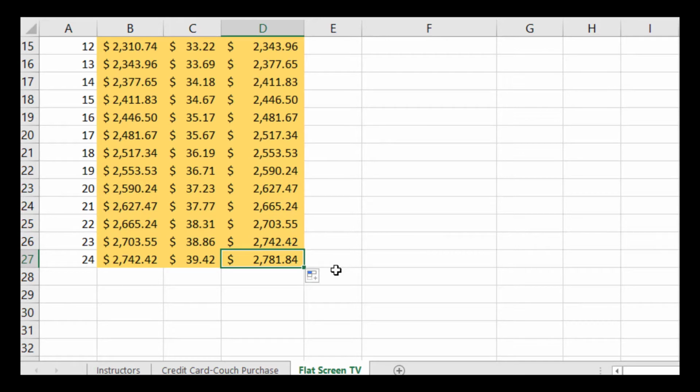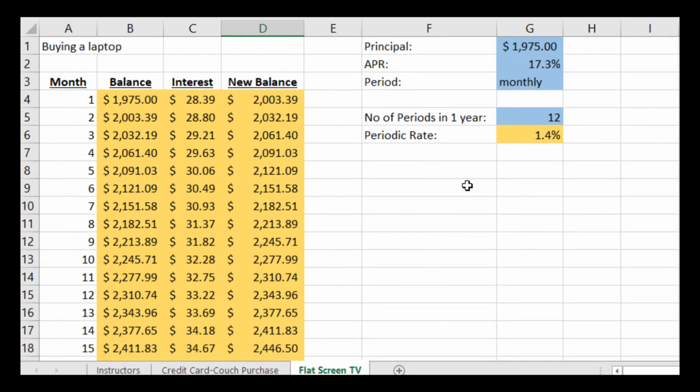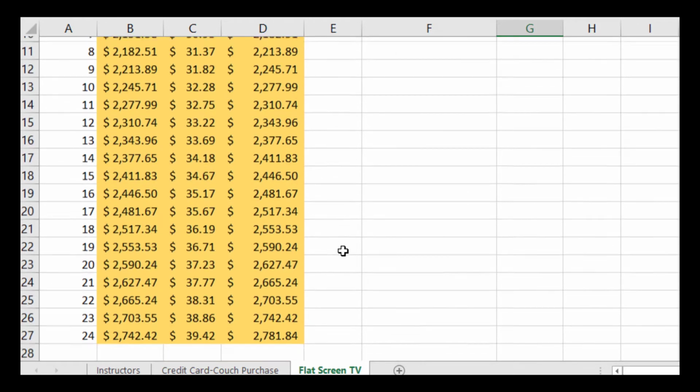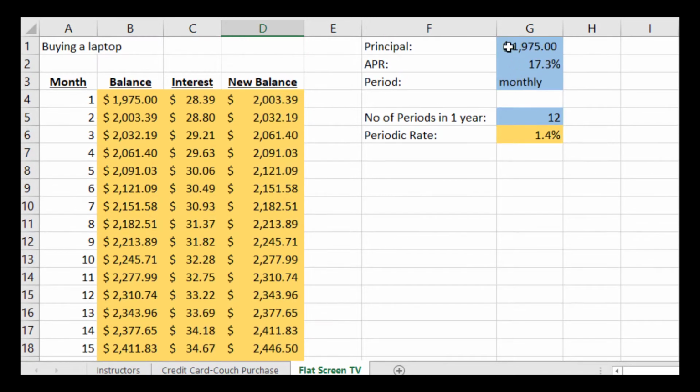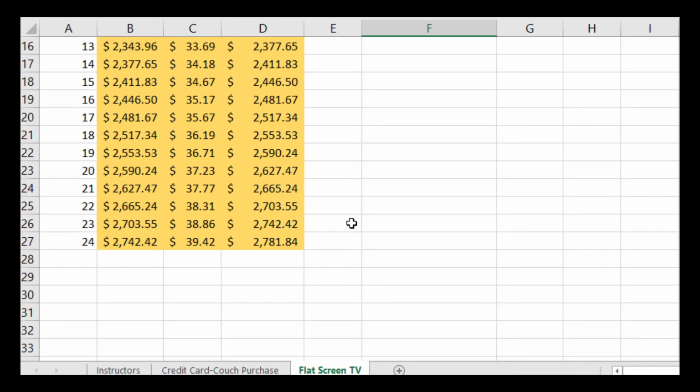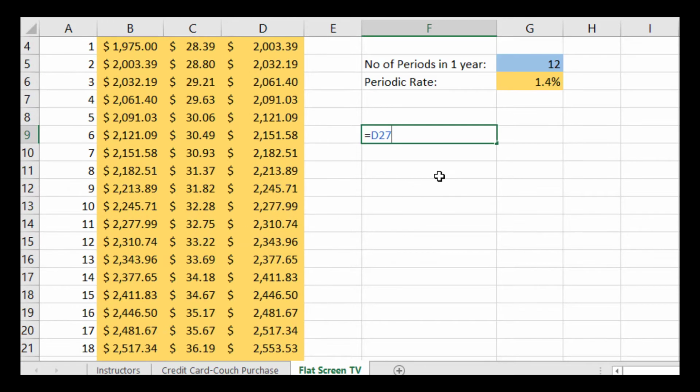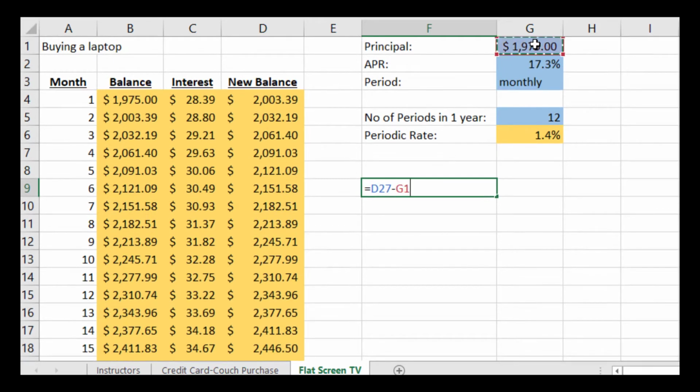is $27.81.84 for a laptop that initially cost $19.75. And the difference between these two numbers is, what is it? Let's do it this way. Equals that amount minus that amount.